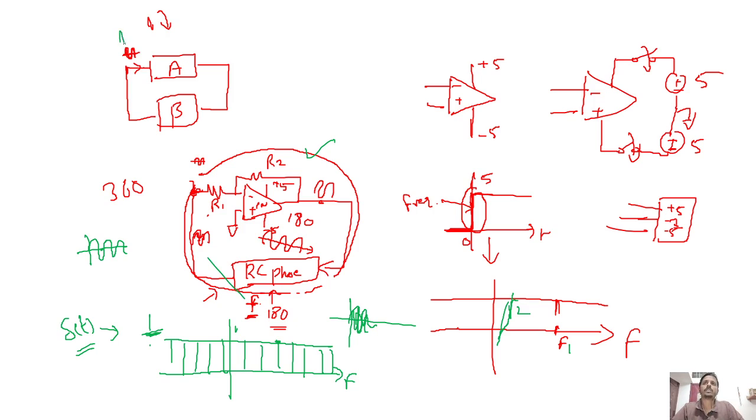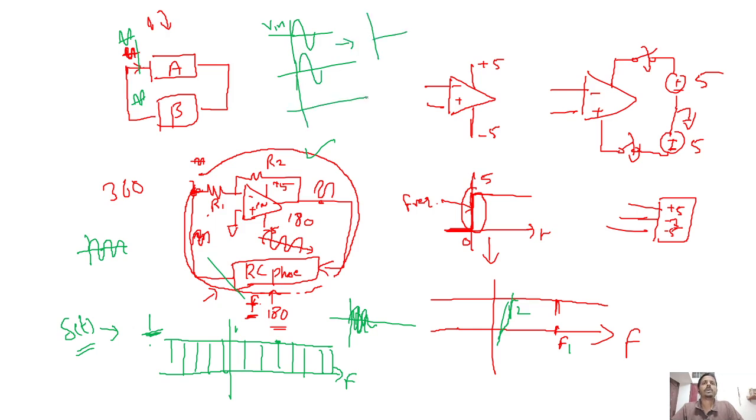If I have a signal initially, the signal available here must be in phase with it. What does positive feedback mean? I have an input signal V in. If it is added with a signal which is in phase with it, it will add up.